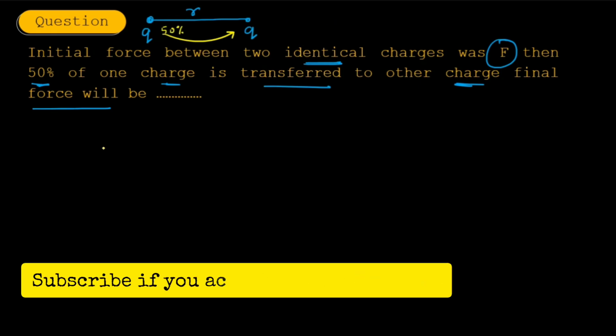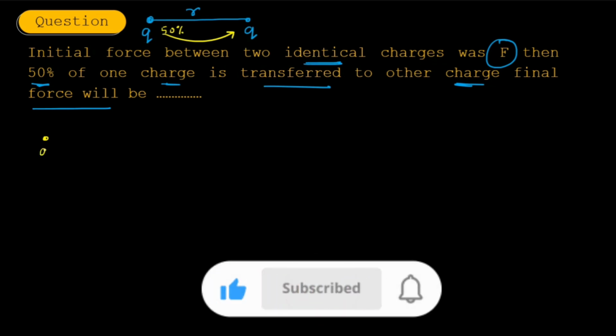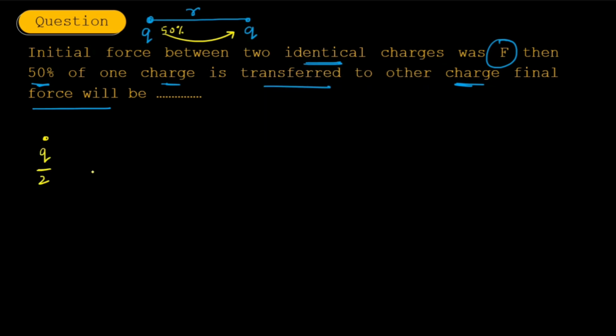What will happen to the final charges? We reduce 50% of this, so it becomes Q by 2. Similarly, if the other gains 50% of it, it becomes Q plus Q by 2. So the final charges will be Q by 2 and 3Q by 2.